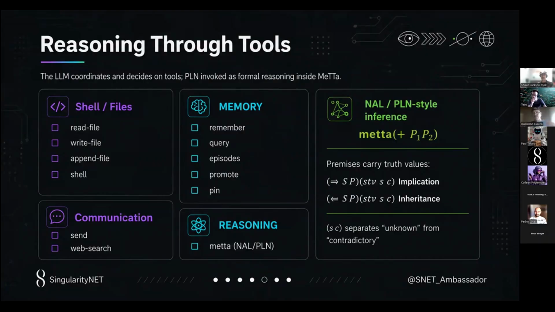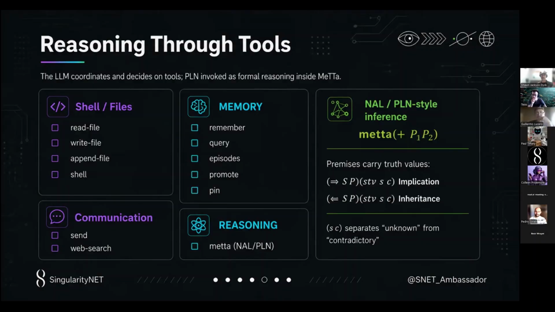OmegaClaw invokes NAL and PLN inferences, so non-axiomatic logic and probabilistic logic networks, using OpenCog Hyperon, working with explicit premises and truth values rather than relying on probabilistic text generation.